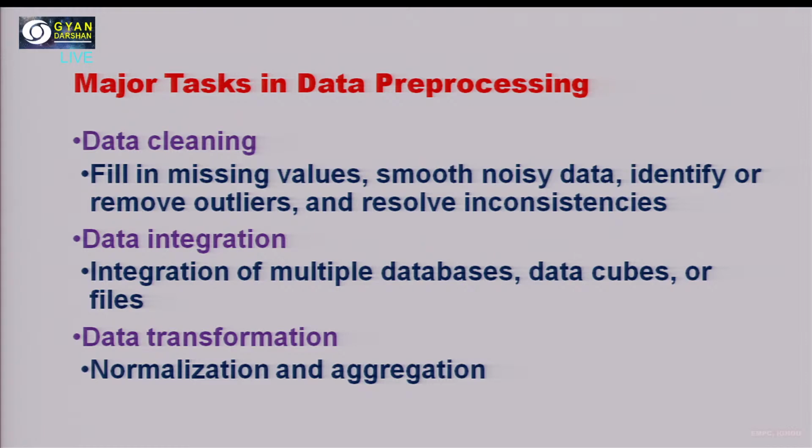Then you have data transformation techniques. There are different techniques for data transformation. We have normalization techniques, data aggregation techniques. What happens is that many of your machine learning systems or data mining systems need data in a very specific format, or I will say very specific ranges.